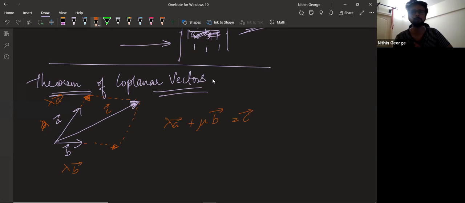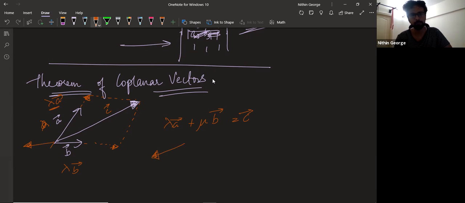So you want to represent any vector on that plane. That is the catch here. Using two non-parallel vectors, you can represent any vector on that plane. You might have doubts: what if this vector is placed like this? Fine, let's bring it here.